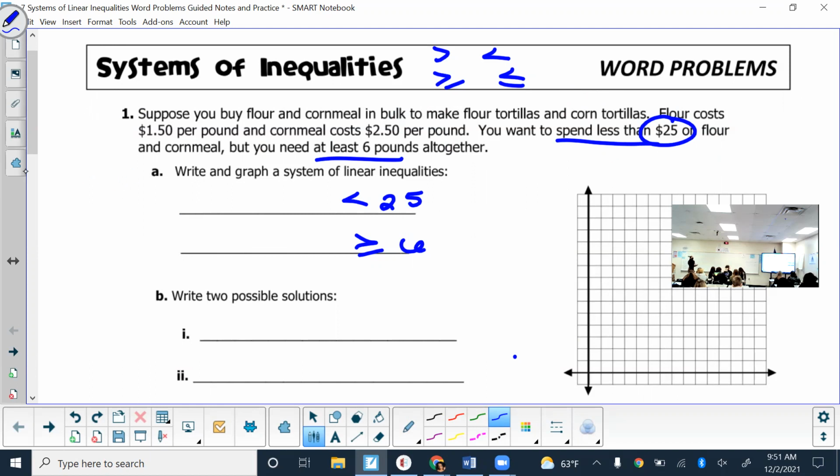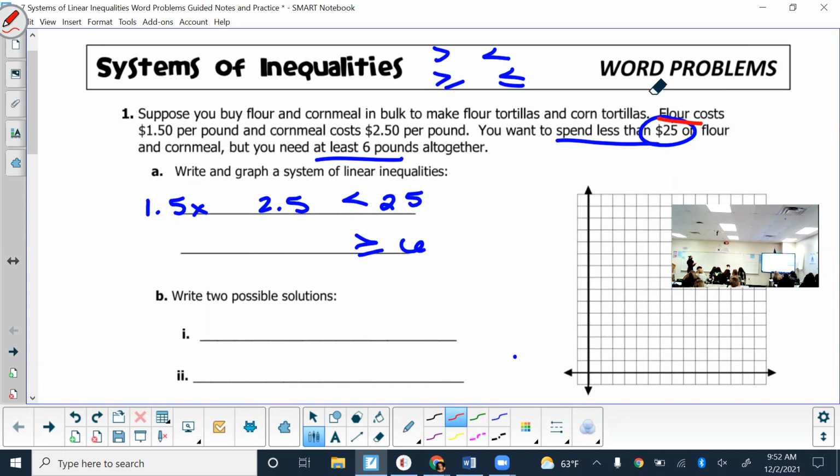All right, so then if 25 is my dollar amount, and that's my total for my dollar amounts, I should probably keep it with my dollar amounts. So what are my other dollar amounts? Good. Would I just leave them like that? Or what else needs to go there? X. X would represent what? Flour.